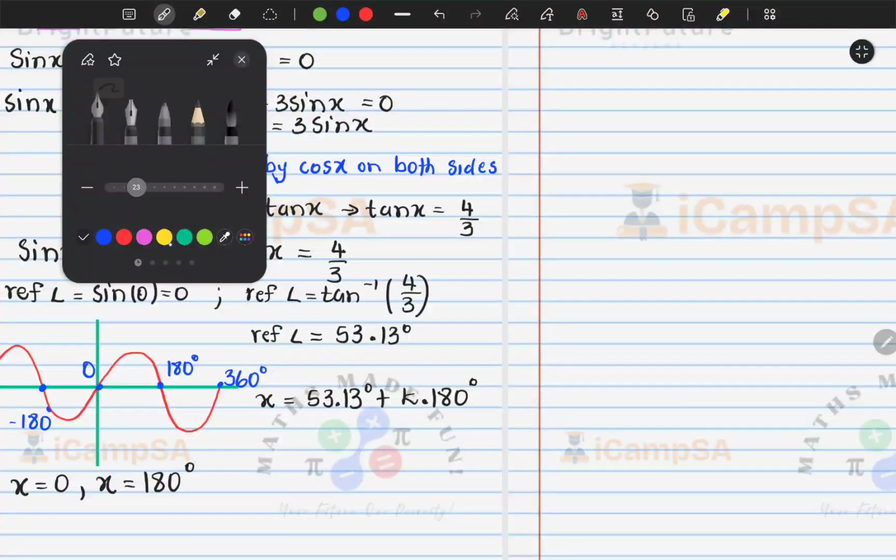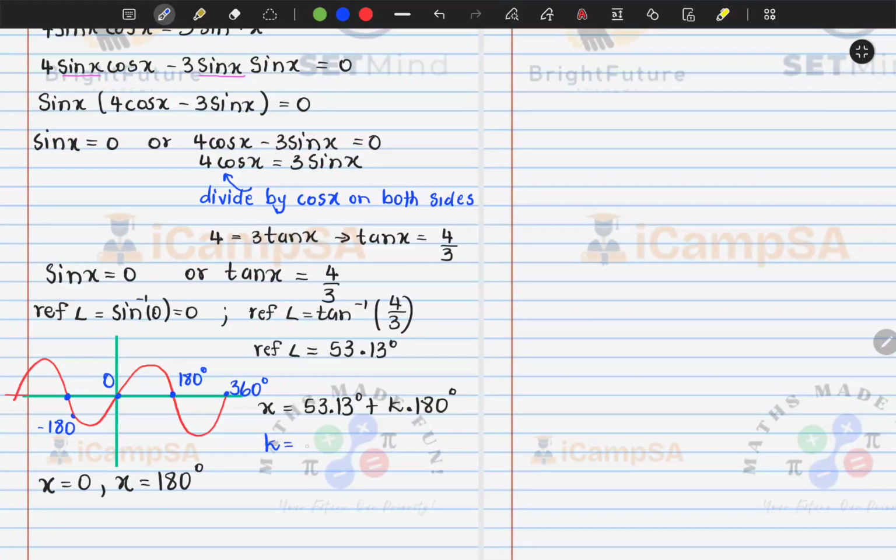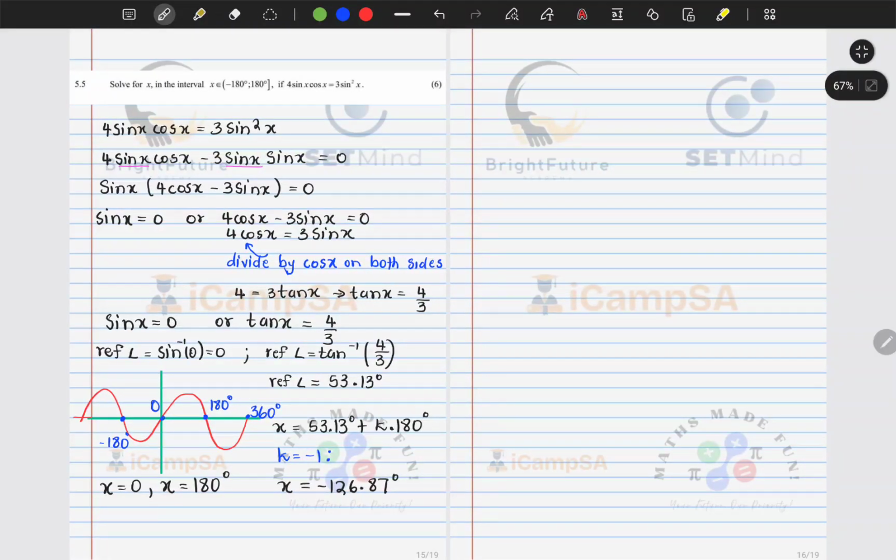If you observe carefully, we can do k equals minus 1. If we do k is 1, it will be above that. So let's try k equals minus 1. If you go to your calculator and say 53.13 plus minus 1 times 180, you will get an angle which is negative 126.87 degrees. So that becomes one of our answers.